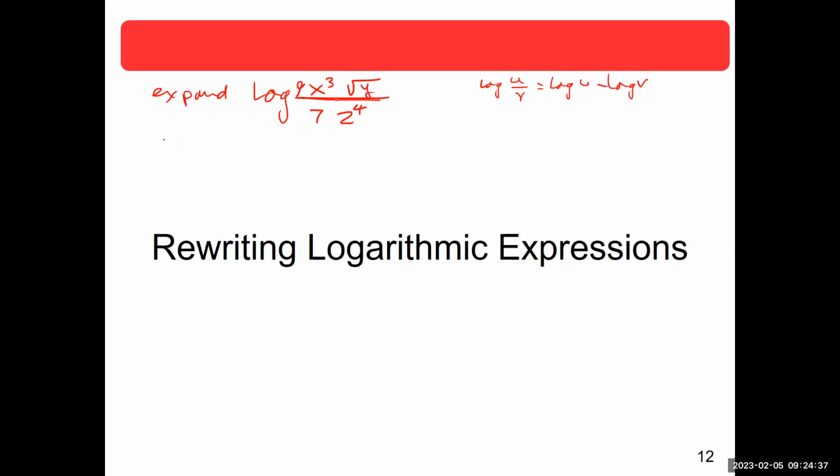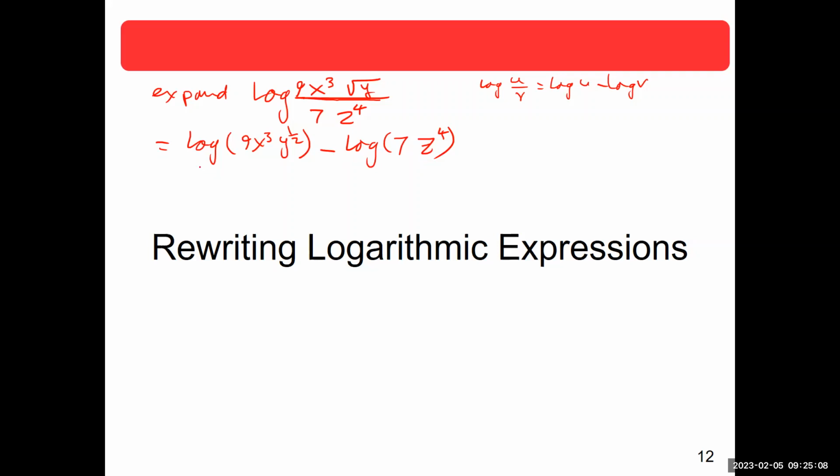So that's equal to log of, let's put parentheses, 9x cubed, I'm going to write the square root as y to the power half, minus log of 7z to the power 4. Now, we're done with the first one.